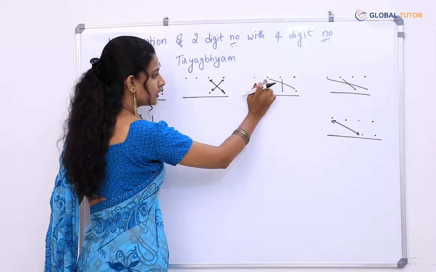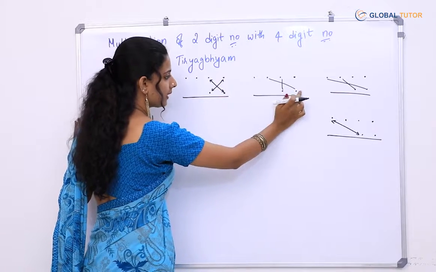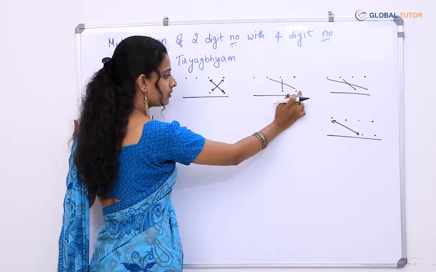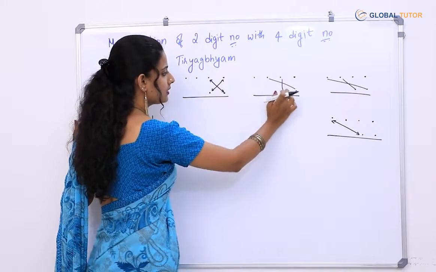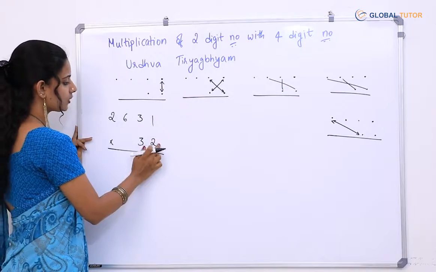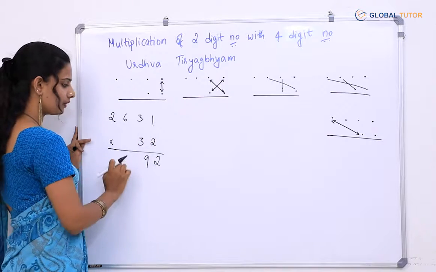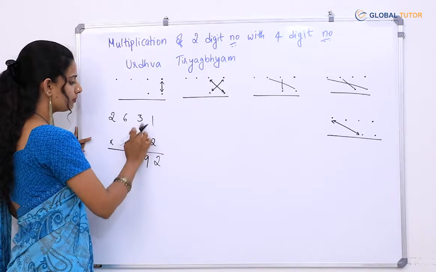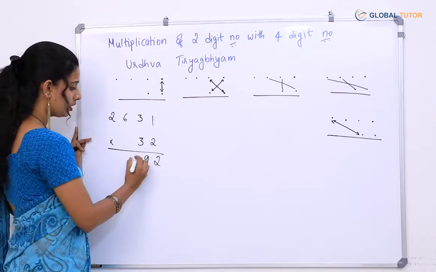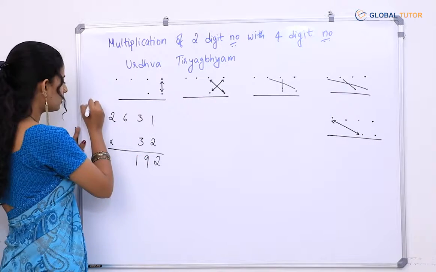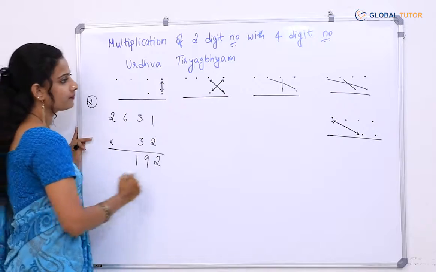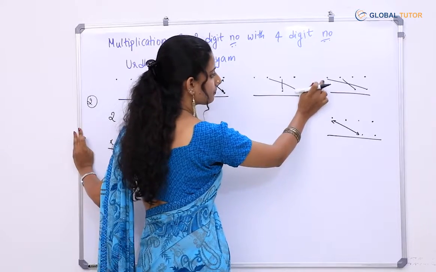Now what is the third step? The third digit will be multiplied with the unit digit from the second one and then these two. So here it is 6 into 2 which is 12 and then 3 into 3 which is 9. So 12 plus 9 will be 21. So you write 1 and then 2 gets carried forward. Now what is the fourth step?